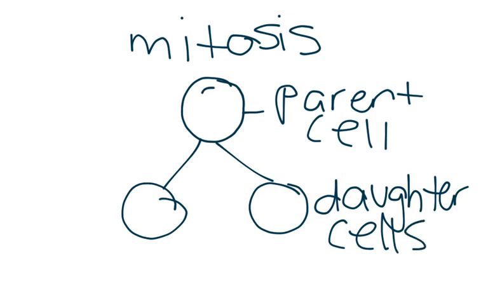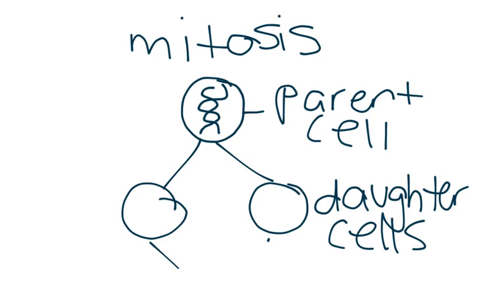So the original DNA that's in the parent cell up here somehow needs to be shared so that both these daughter cells end up with the exact same information. So we need to look now at how we're going to get that DNA from the parent cell into the daughter cell. Okay, so that's fundamentally what we're looking at.